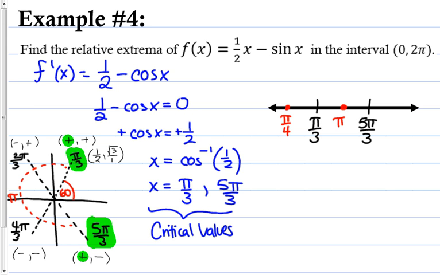So 300 degrees. I need something a little bigger than 300 degrees. Since we picked pi over 4, which is 45 degrees, let's go with 360, take away 45, right? So 360, take away 45, that's 315, and 315 is definitely bigger than 300.